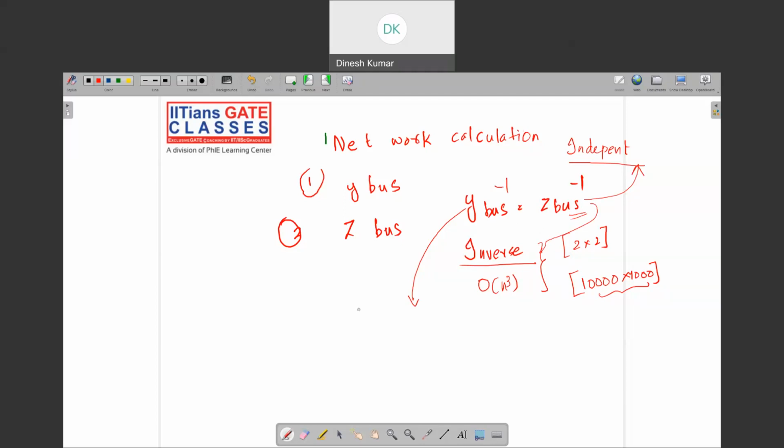This total module I am going to teach today can be divided into three parts. First one is the equivalent source. Second one is Y bus formation, and third one is Z bus formation.